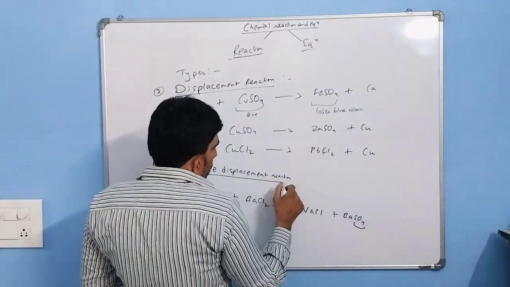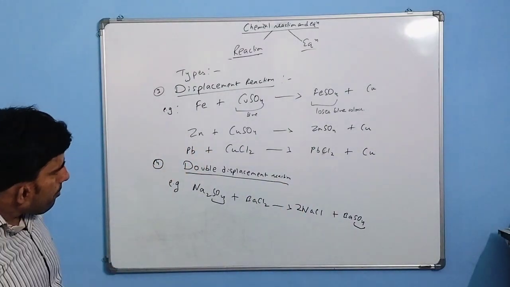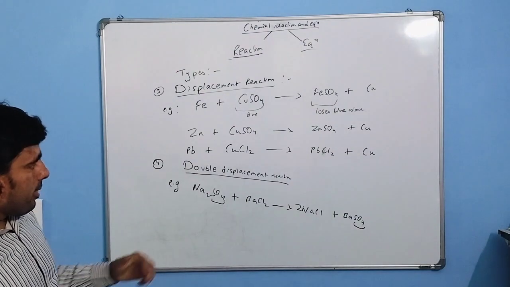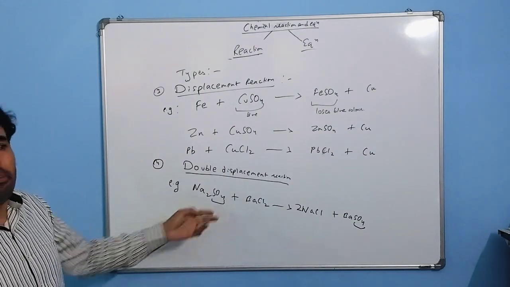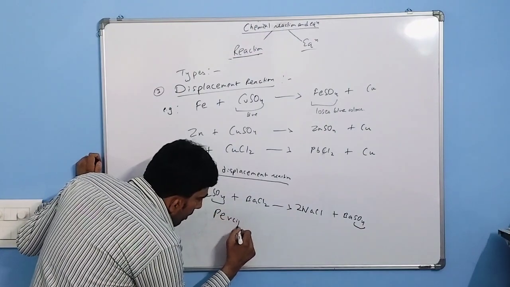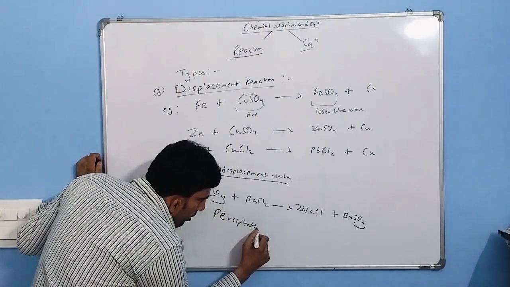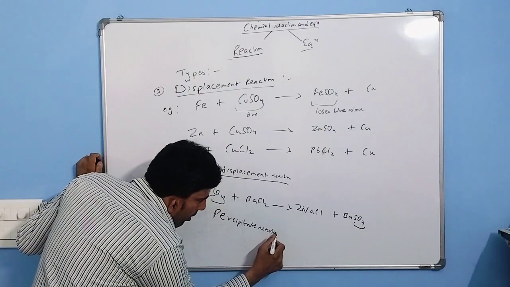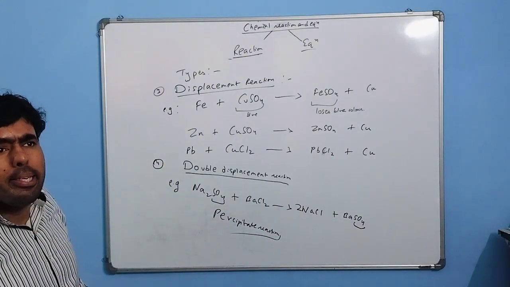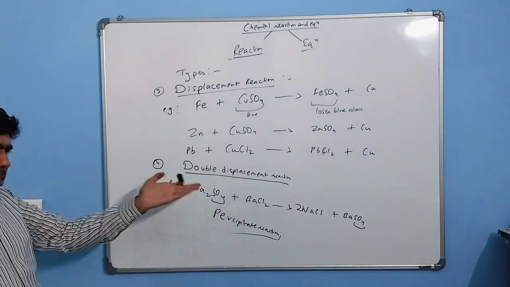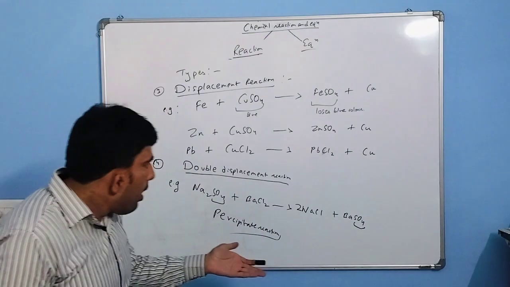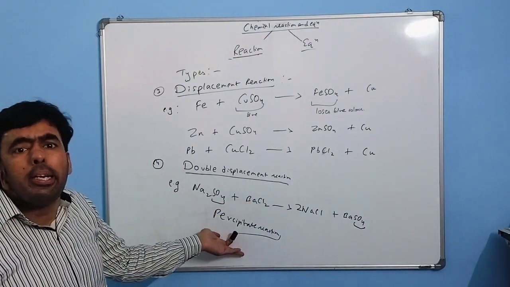One more thing about this is that this reaction is also called a precipitation reaction. We all know about snow; we have seen more examples of it, like snow, hail, mist. So why do we say this reaction is a precipitation reaction?